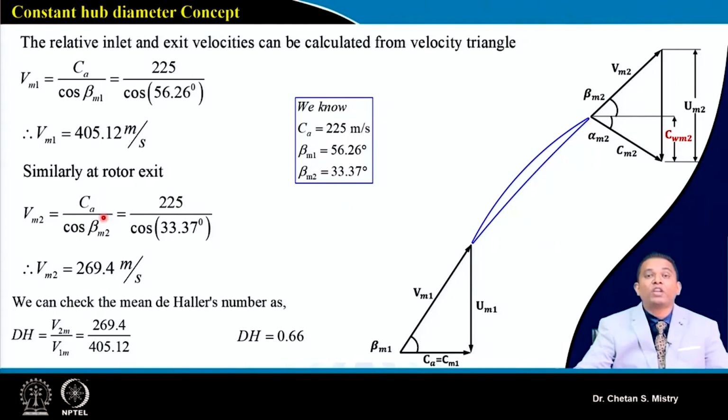Same way we can do our calculation for relative velocity at the exit, and that is coming as 269.4. You can say here we are having effective diffusion. My relative velocity at the entry is higher, my relative velocity at the exit is lower, and that is what we calculate as de Haller's factor, which is coming 0.66.